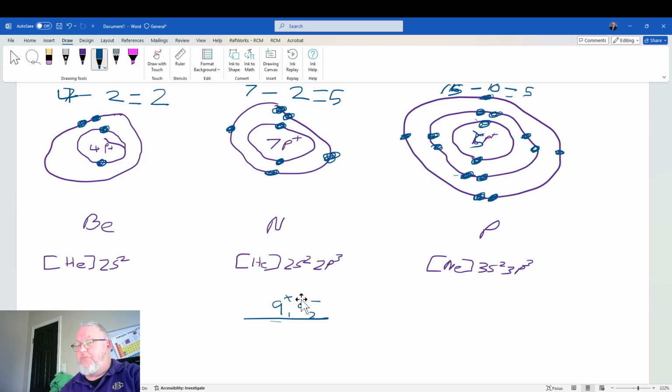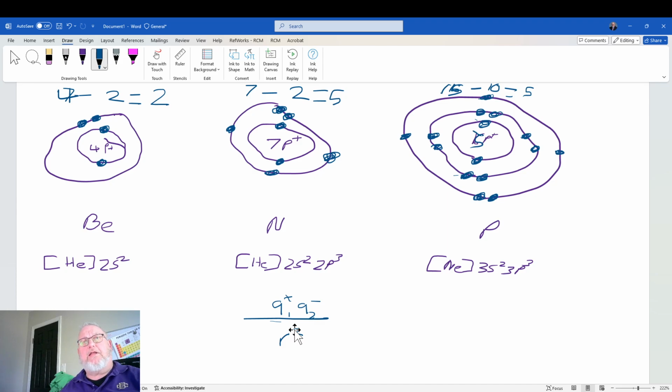So phosphorus would be a little bit bigger. There'd be less hold on those valence electrons because of the distance. And in Coulomb's law, the distance between the charges is in the denominator. So that's a big influence on it, all right, which makes phosphorus a little bit bigger.